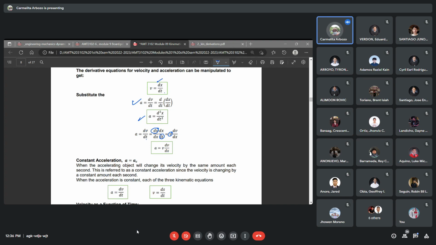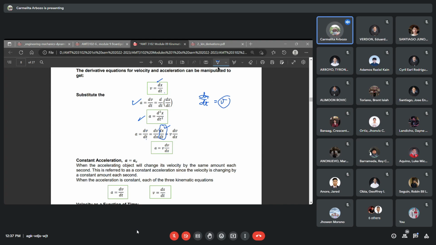Baliktad. Mali yung ano. Okay. Si dx over dt is equal to v. So, asan yun? Dx over dt, ito yun. Diba?